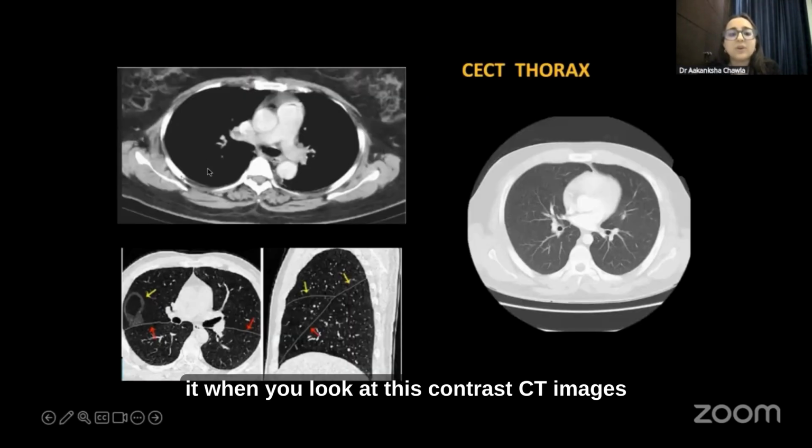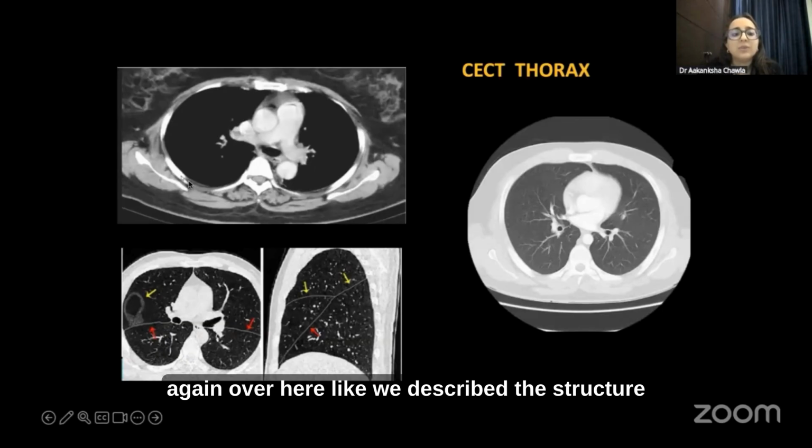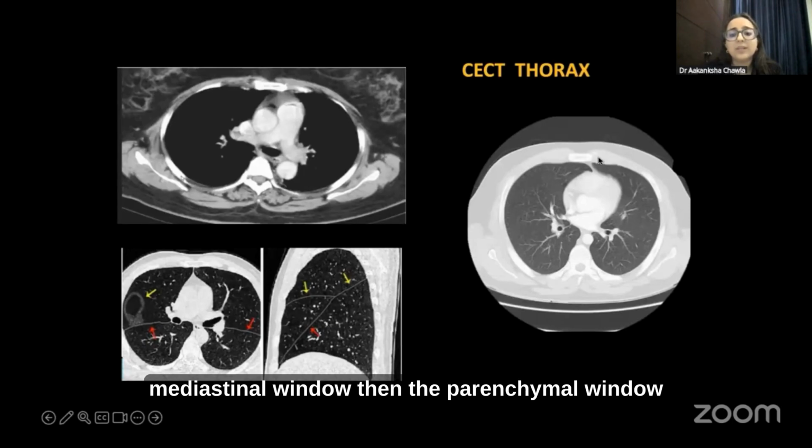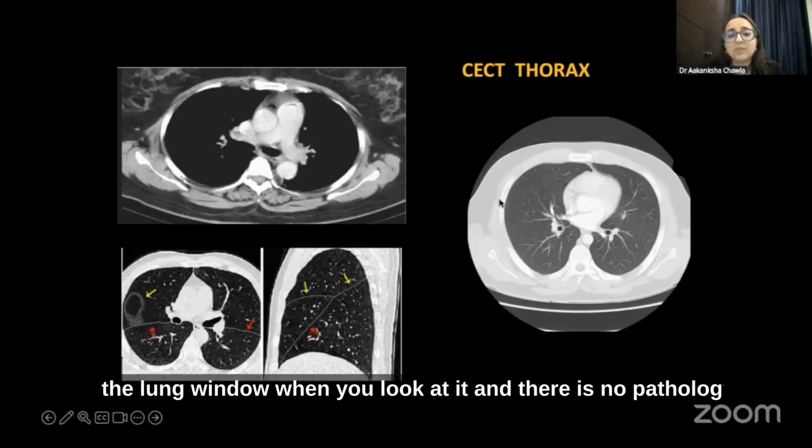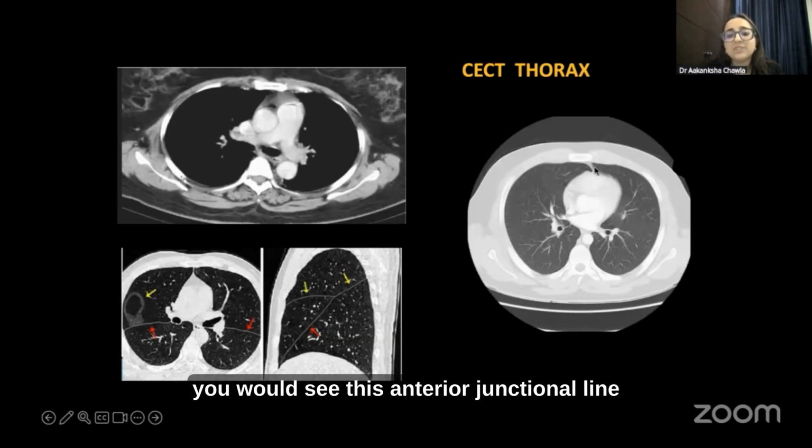Now, when you look at these contrast CT images again, like we described the structures, this is what is visible on a mediastinal window. Then in the parenchymal window, the lung window, when there is no pathology, you would see this anterior junctional line, which disappears if there's a pathology. So this is your normal pleura.